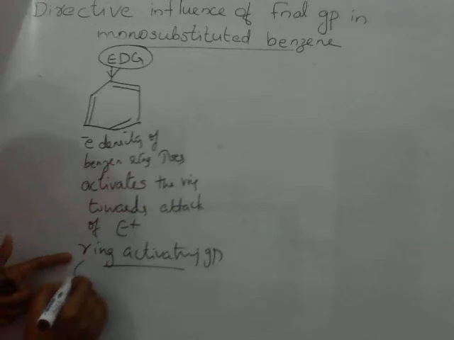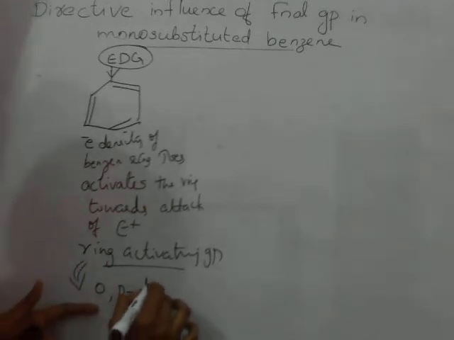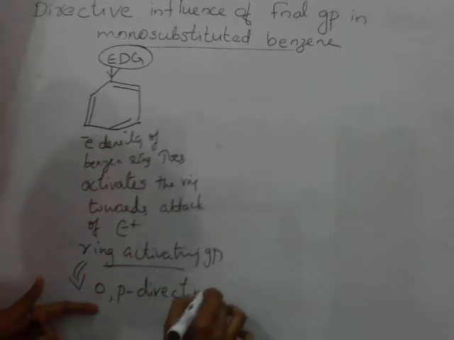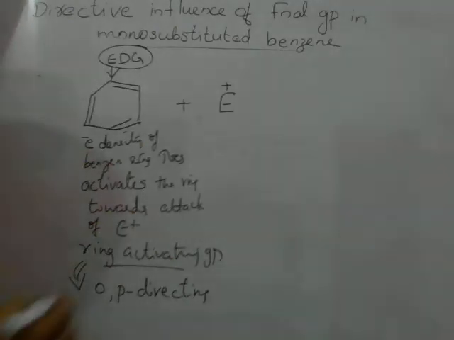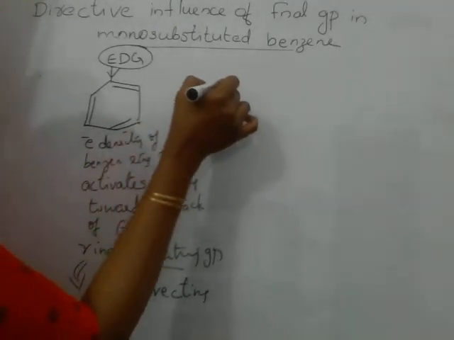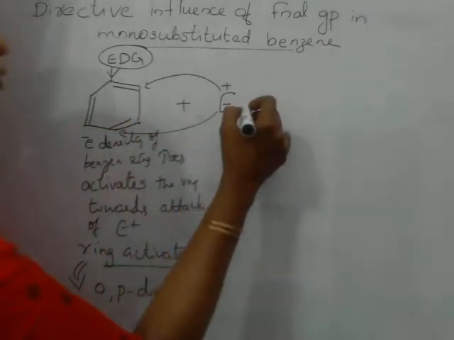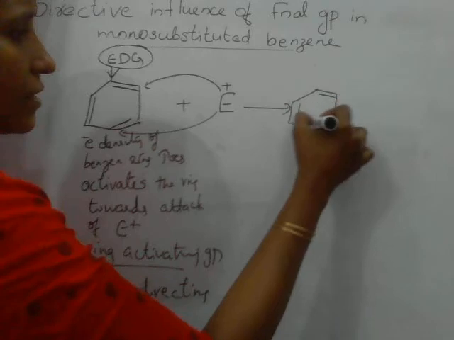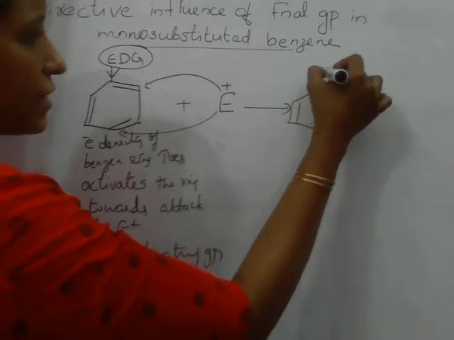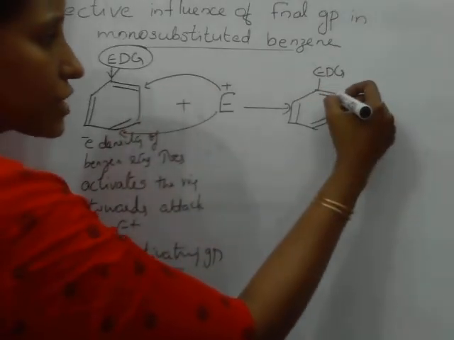And these ring activating groups are generally found to be ortho para directing. Means they direct the incoming electrophile. If there comes an electrophile, this electrophile will be directed towards the ortho position and para position. So we get two products. These groups direct the electrophile toward the ortho position.